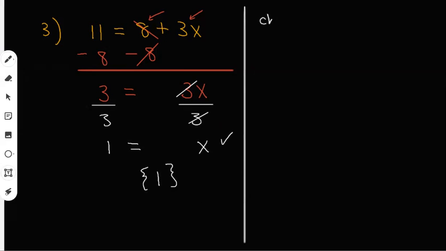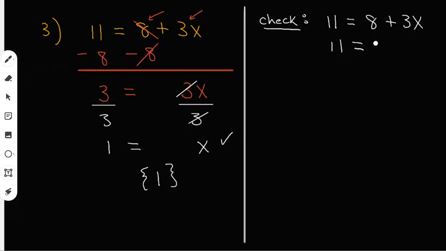On the right side, we're going to check to make sure that this one works. When I check, I always start off with my original equation, 11 equals 8 plus 3x. I'm going to let x be my answer that I got.